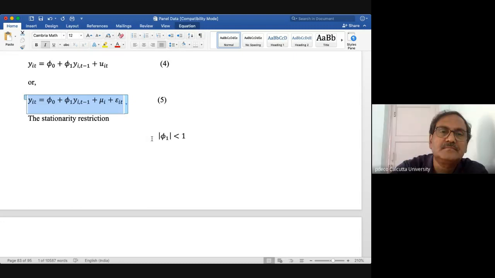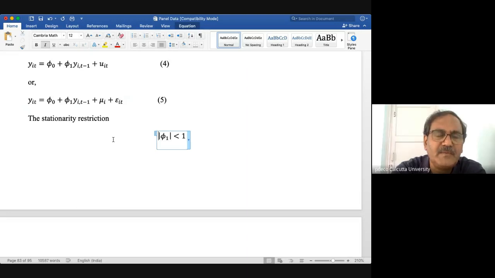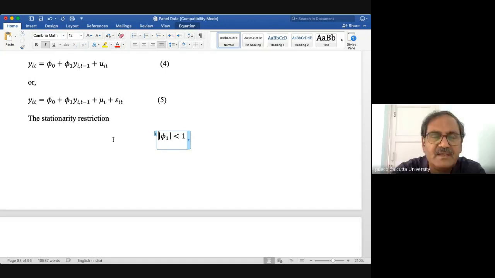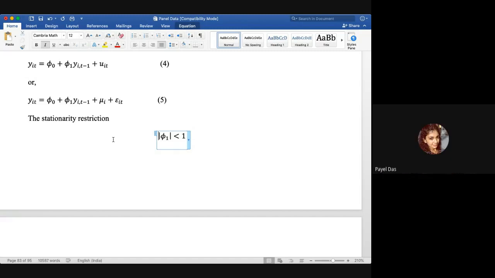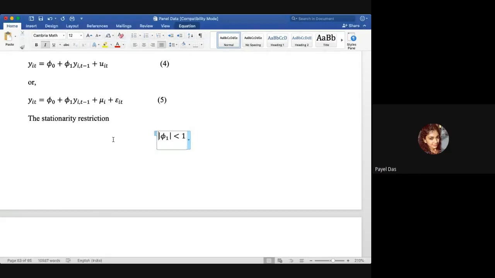The result is phi naught into 1 plus phi 1 plus phi 1 square, then phi 1 cube into yi naught, then mu I into 1 plus phi 1 plus phi 1 square.